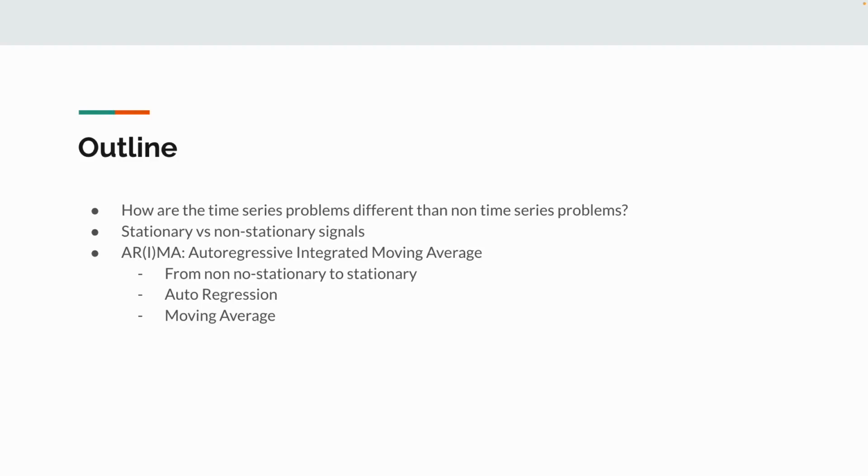And based on these two topics, I will be building on a very well-known and standard time series model, what you call the auto-regressive integrated moving average. This actually covers three different modeling ideas: auto-regression, moving average, and then the ARIMA model.